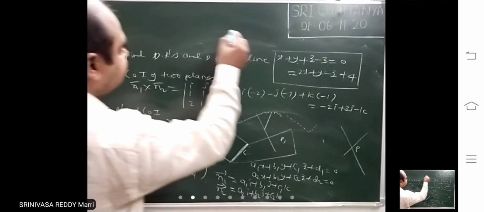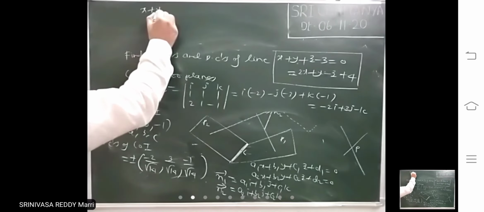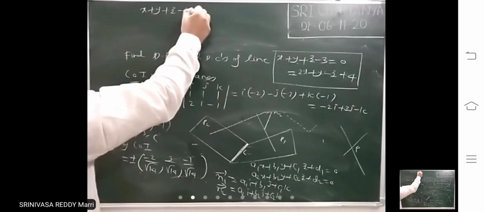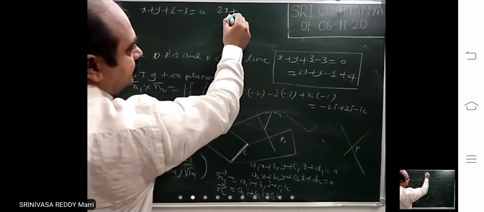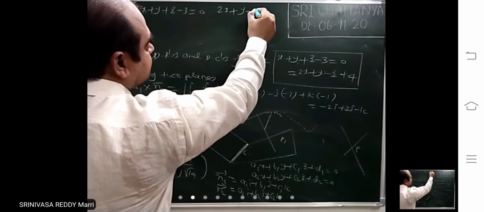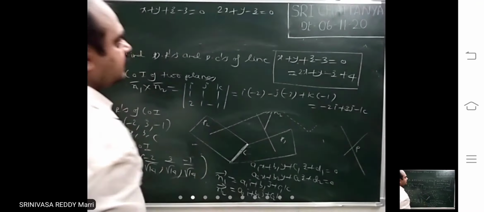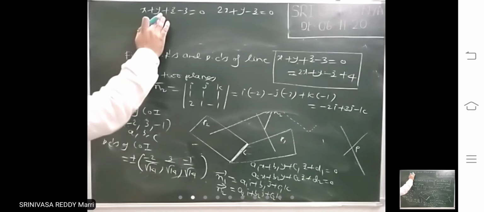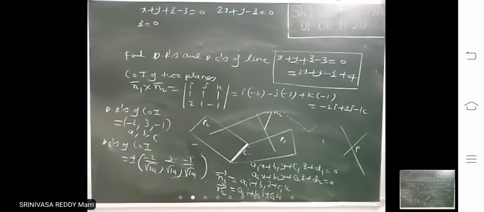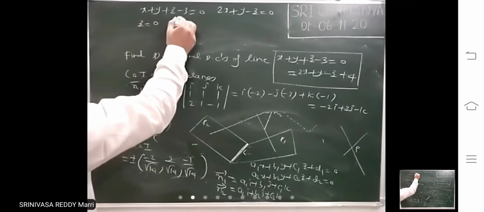Take these equations. We have to find a point which satisfies both planes. Take z equal to 0, anything you can take.